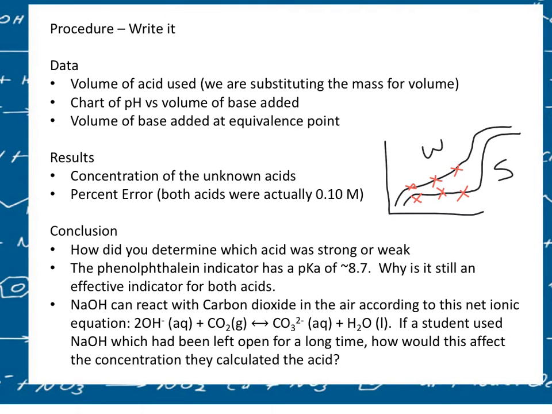Phenolphthalein has a pKa of 8.7, so at pHs greater than 8.7 it's going to be pink. And obviously this is not exactly our equivalence point pH, yet this is still an okay indicator for that.